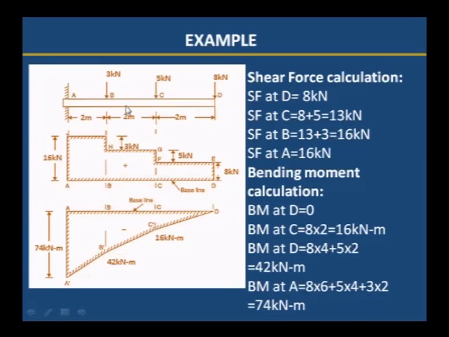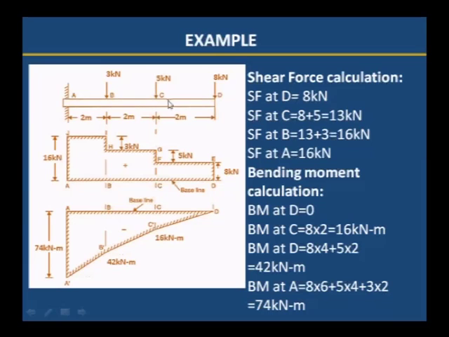Next, shear force at B. At B, we already calculated 8 kilonewton plus 5 kilonewton, that is 13. To that another additional load is added, that is 3 kilonewton. 13 plus 3, 16 kilonewton is shear force at B. That means it is the algebraic sum of the unbalanced forces at right or left of the section.